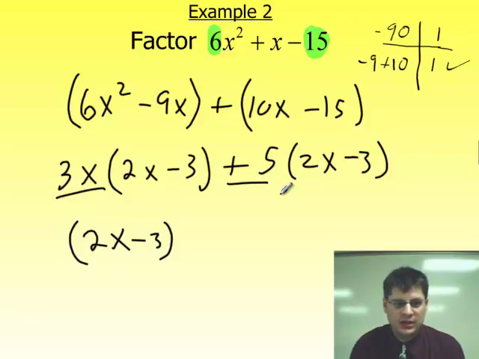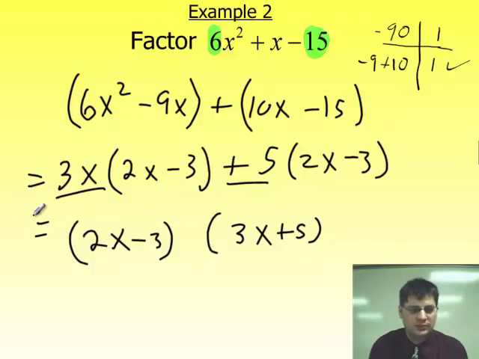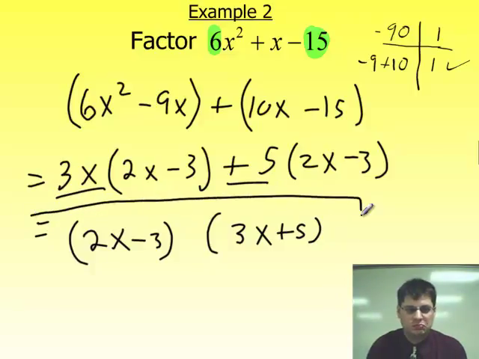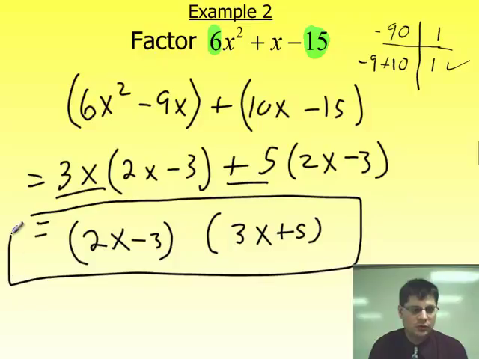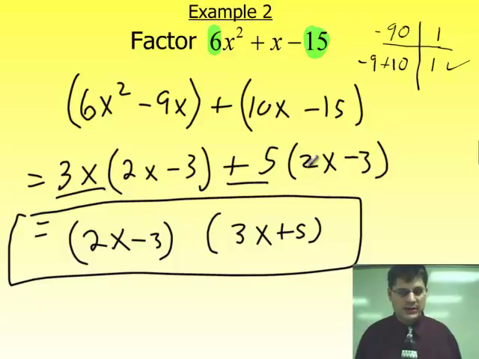I have a 3x and a plus 5, so my next factor is 3x plus 5. So those factor out nicely, and that's what we get. And of course we could check our answer by multiplying those back together and see if we get the original trinomial that we started off with.